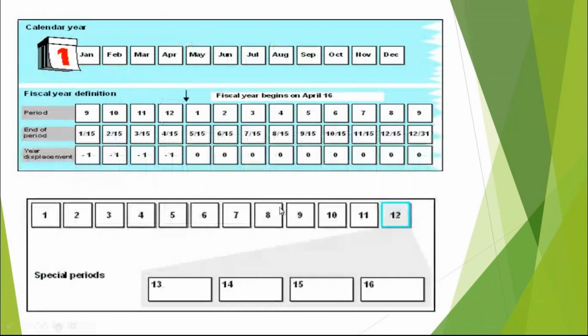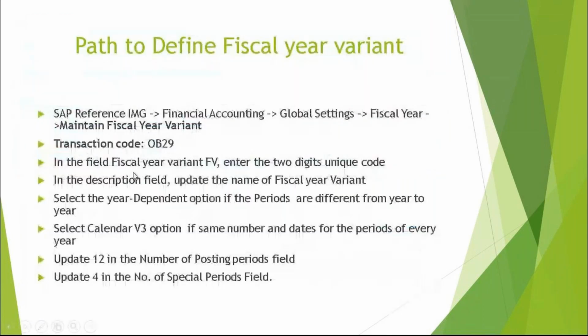Now, fiscal year variant. In the field of year variant, FE, enter a two digit unique code. So, in the previous time, only while you are creating company, it was asking you 6 alphanumeric. Later, we were giving only 4 alphanumeric. So, when it comes to the fiscal year variant, that only takes 2 digits of unique code. Then what I might do is, like MCC1 I have given, I'll just give M1.